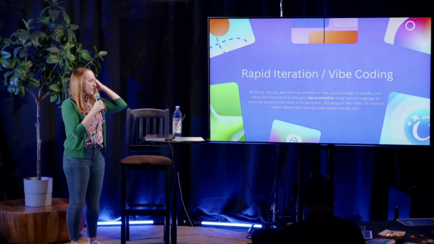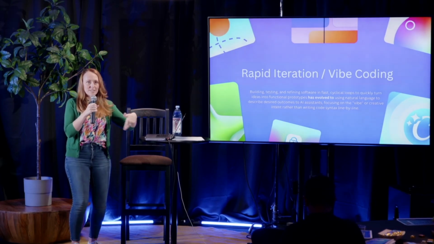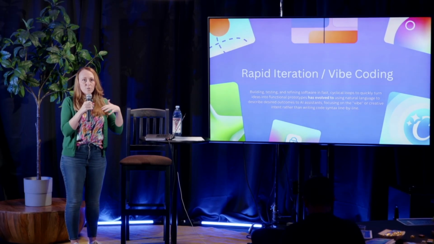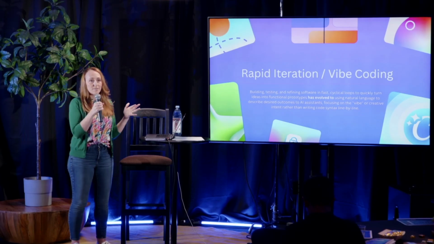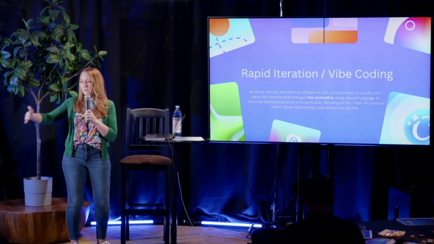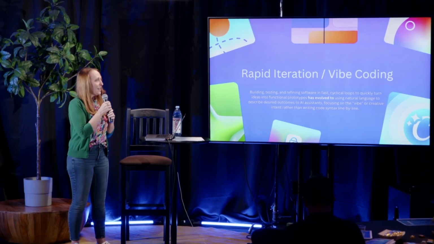Rapidly iterating is basically where you build something and test it and then tweak it and then re-release it. And you're basically going off the feedback of your user to release multiple versions of the thing you're trying to make. And while it was faster than building out the whole thing and launching it, it was still pretty slow compared to what we can do now.